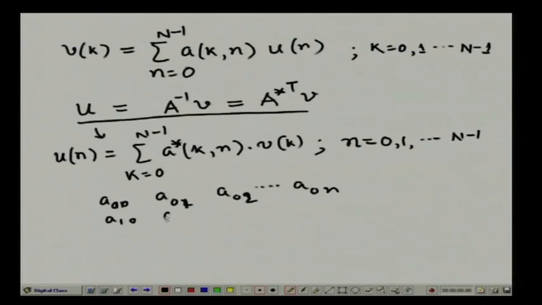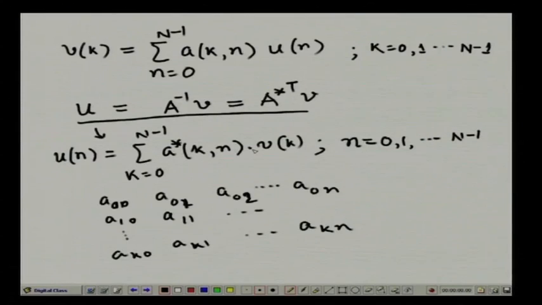This will be A10, A11. So, it will go like this, and finally I will have Ak0, Ak1, like this, up to Akn.